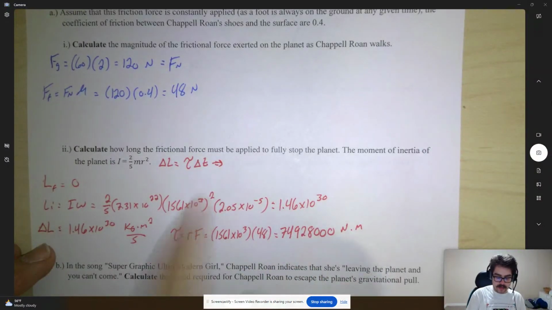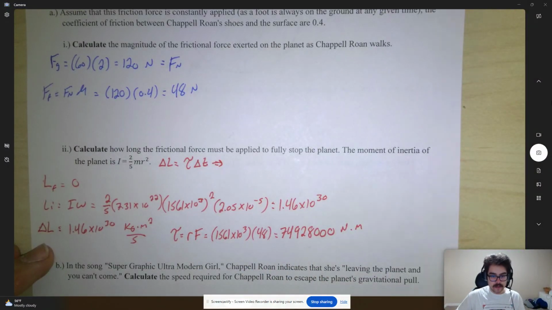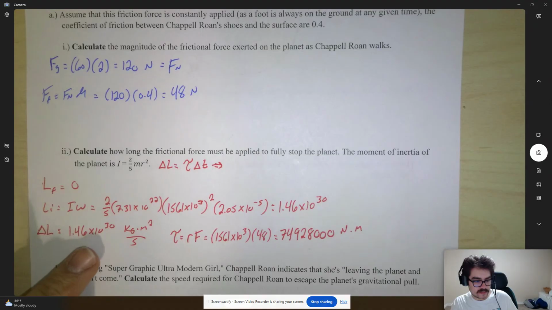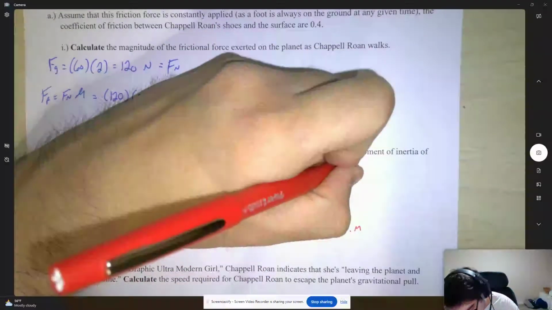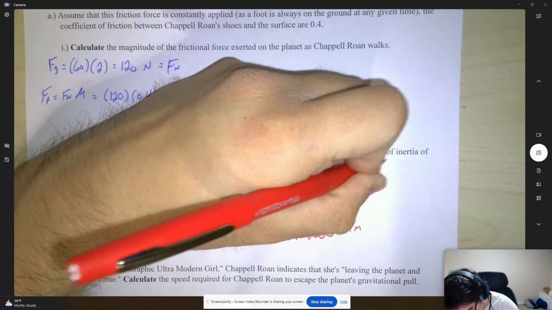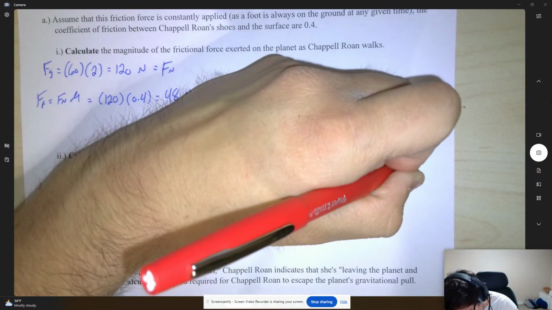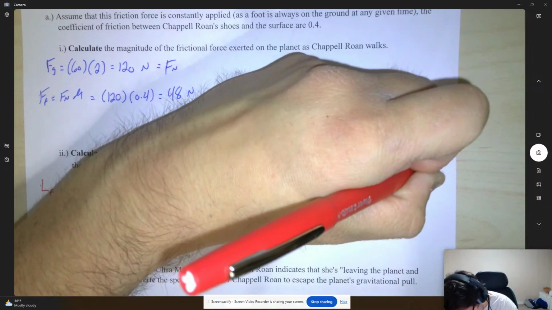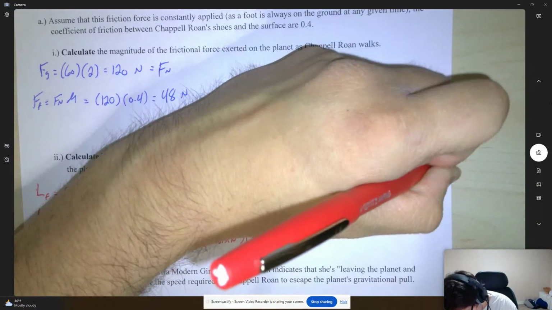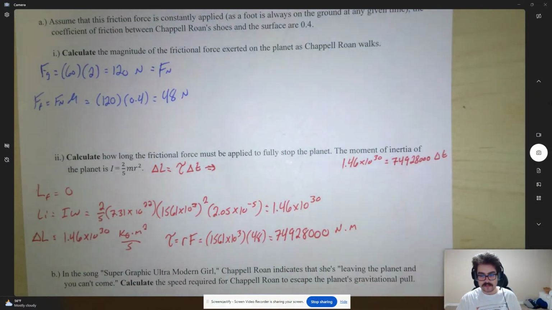So there's the torque, and I can set this all equal. 1.46 times 10 to the 30th equals 7,492,800 times delta t. I need to solve for delta t, so I'm going to divide both sides by this number.